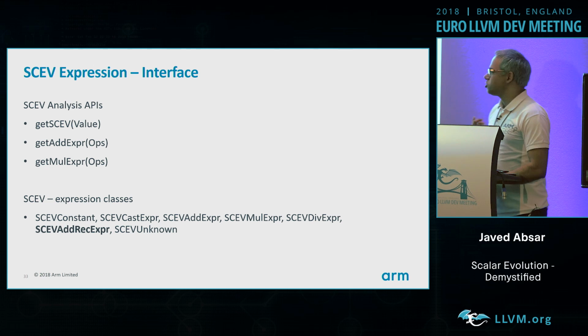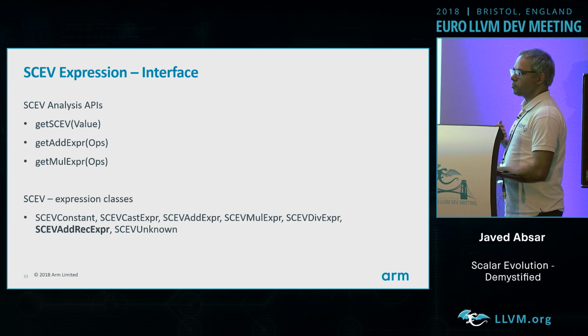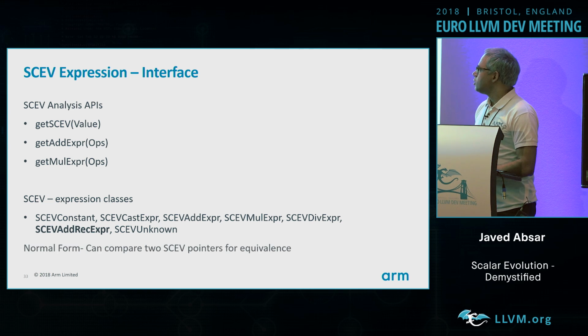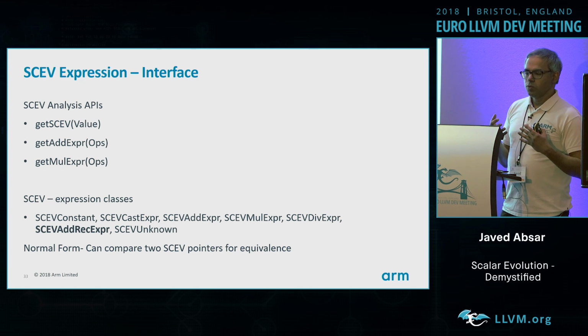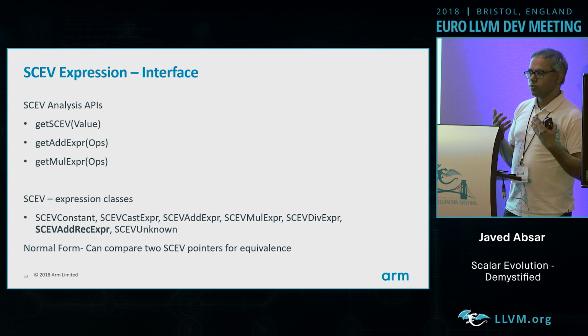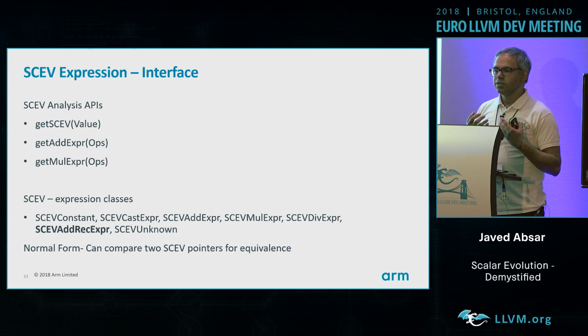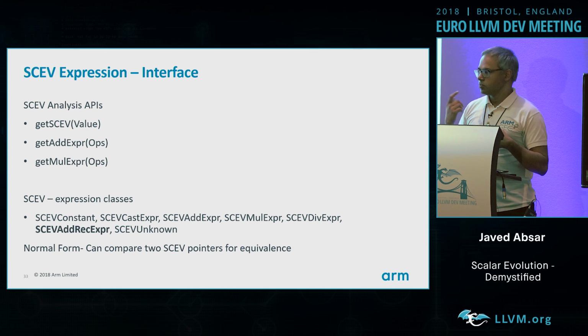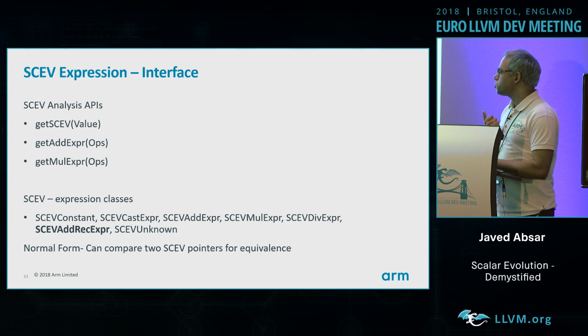It could be a random number generator, right? So that would be a SCEV unknown. You can't say much about that value. The way SCEV works is by doing semantic analysis of what you are really computing, not how you're computing it. So if you end up with two expressions that have exactly the same value, you can do the comparison and it will point you to the same SCEV expression. So you can do equivalence checking there.